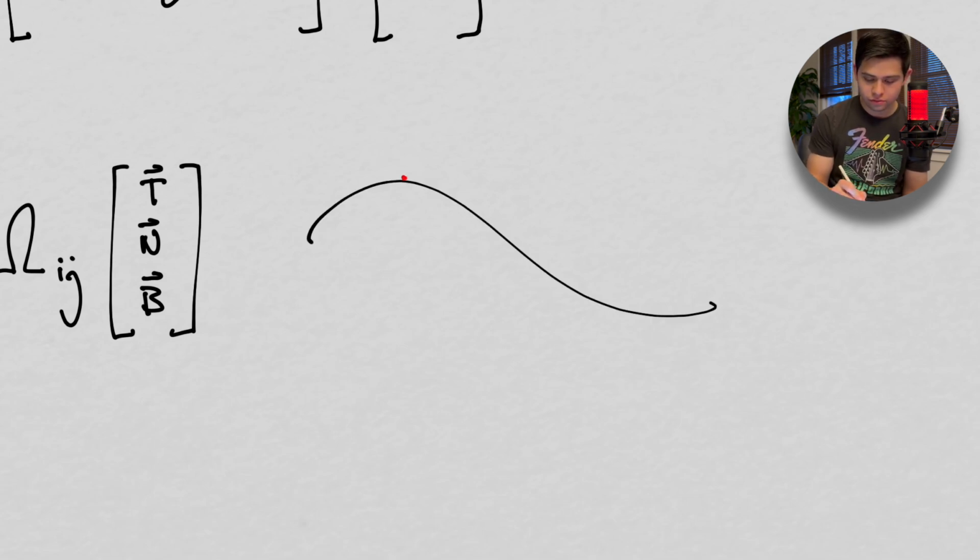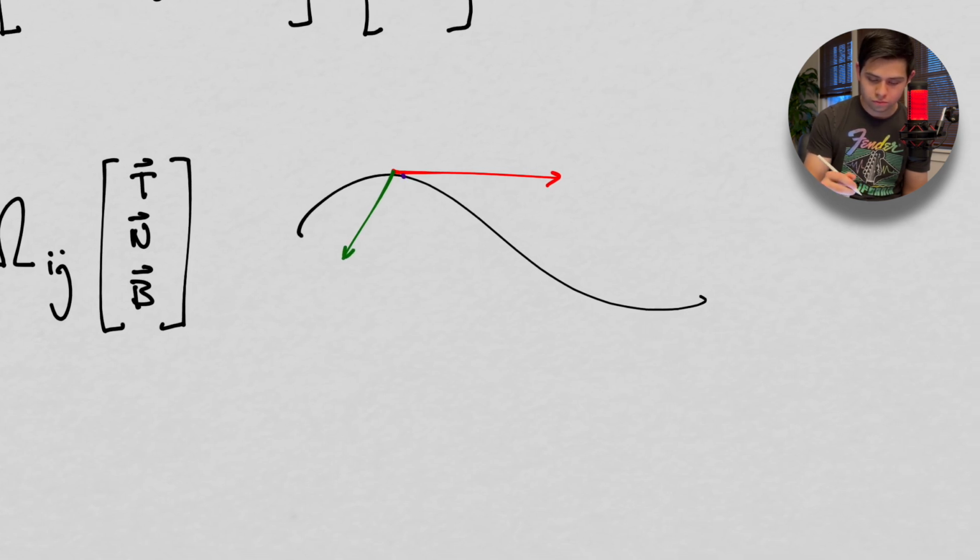And this matrix tells us, again, if we have a curve, and we have our vectors, here's our B vector, this is our T vector, and then our N vector looks like this.